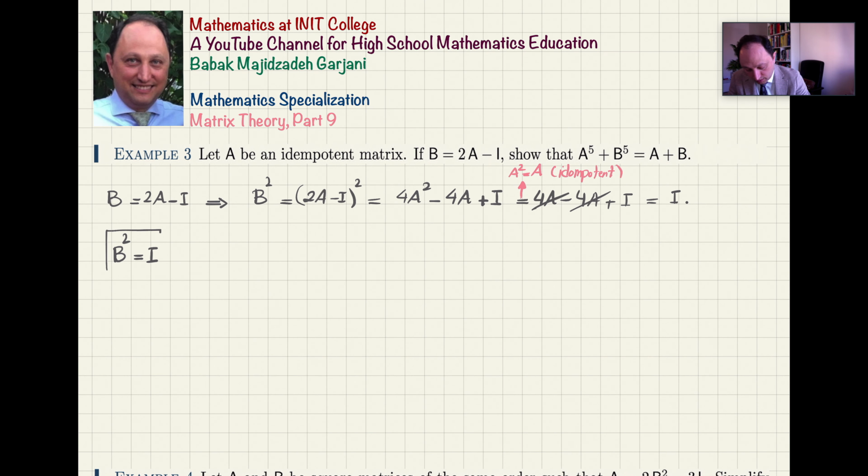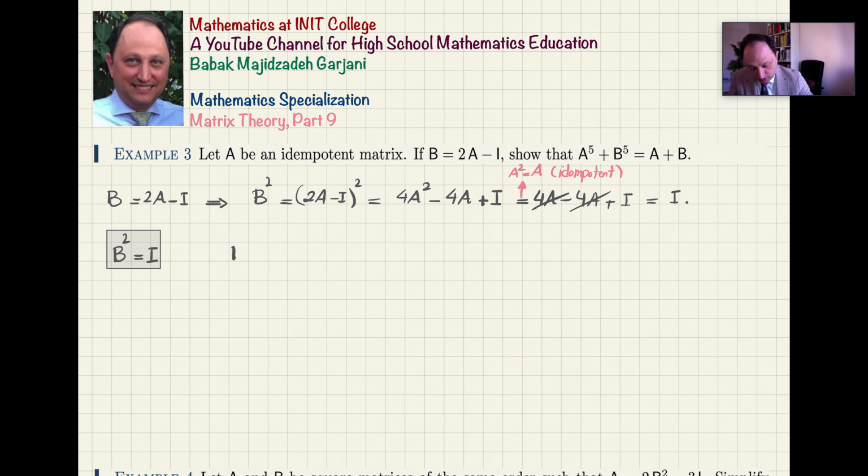Okay. So now, how should I continue to b5? What is your opinion about b5 now? I would take the left-hand side and split that up into b squared, b squared. Or you can do it faster even. You can do b squared to the squared. Exactly, exactly.